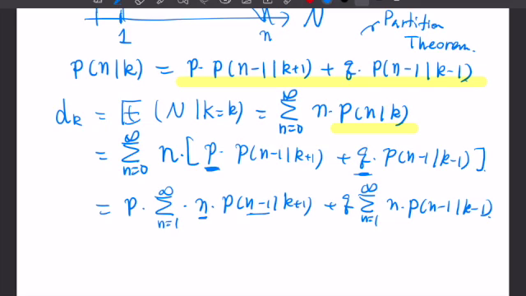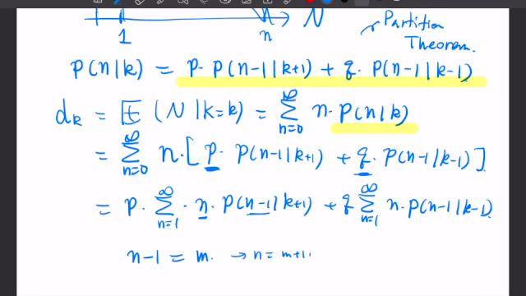But this part is n minus 1 and this part is n. So let's see. We substitute this n minus 1 with, let's say, m. Okay, so n will be m plus 1.